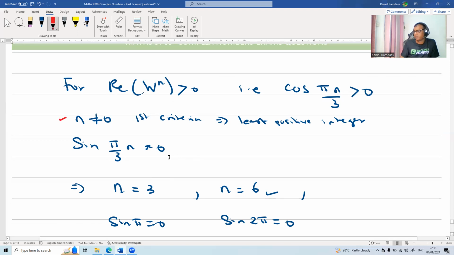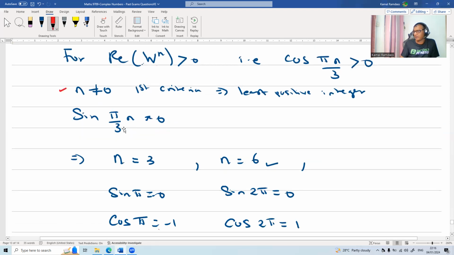Et maintenant, pour que sin de pi over 3n soit égal à 0, si nous get the sine curve, comme ça: 0, pi, 2 pi, et pour revenir à 0, 3 pi. Il y a un facteur de pi.